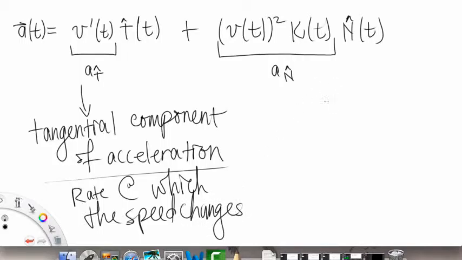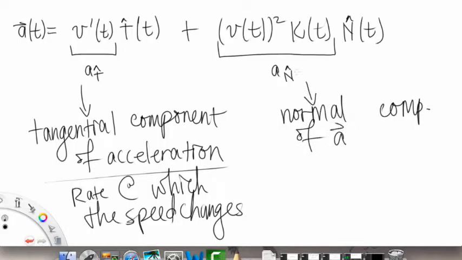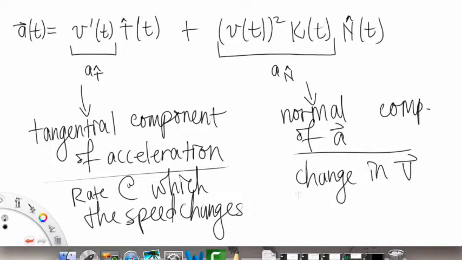And on the other hand, our a sub N hat here, this is the normal component of acceleration, and this describes the change in the velocity vector due to the change in direction.